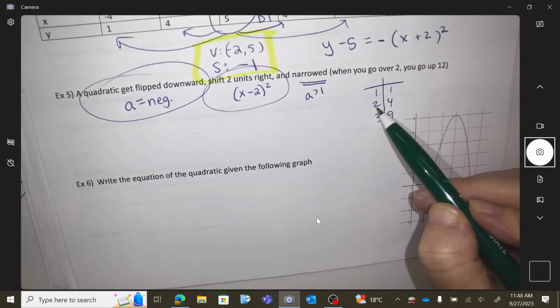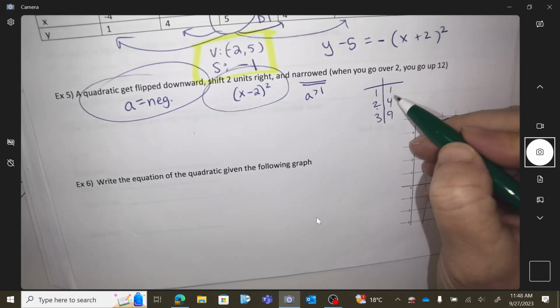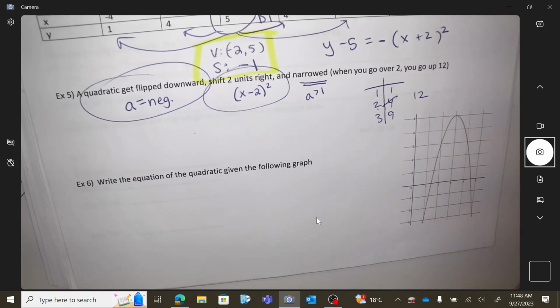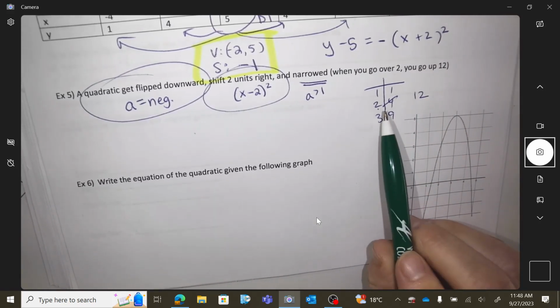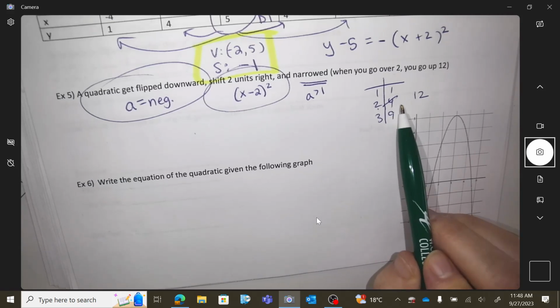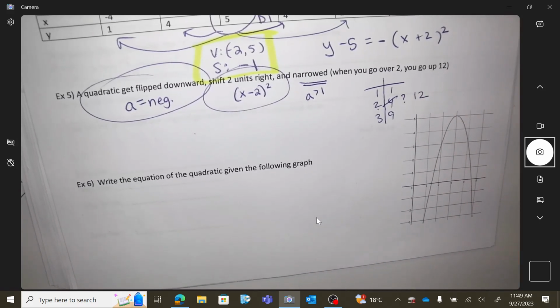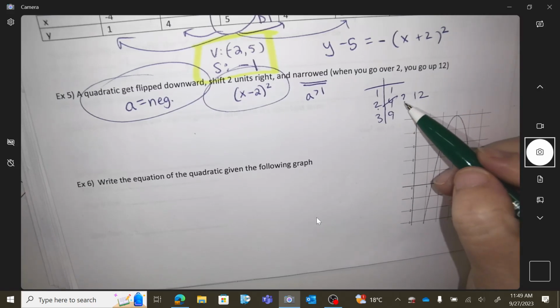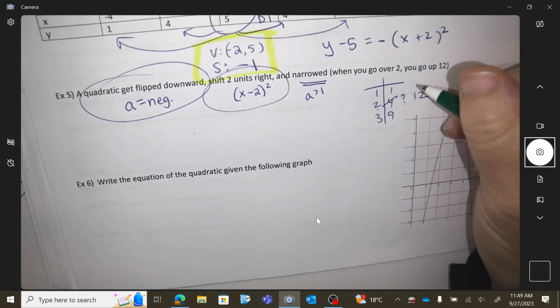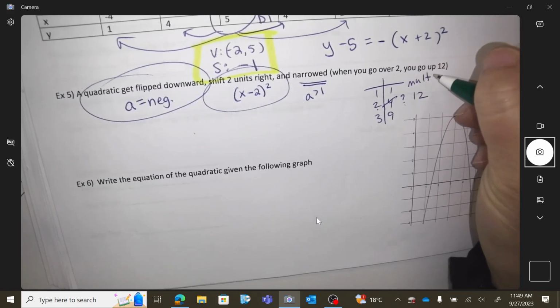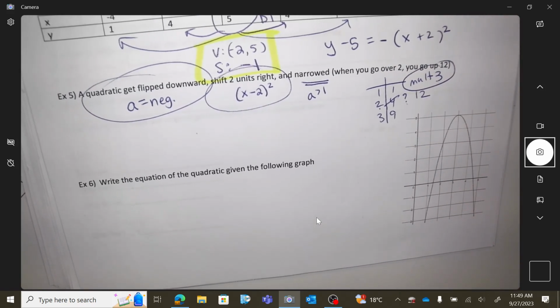When I went over 2, it said not 4, it said 12 instead. On my chart, it said over 2 actually went up 12. So what is the multiplication factor happening? Would you agree that I'm going to have to multiply by 3?